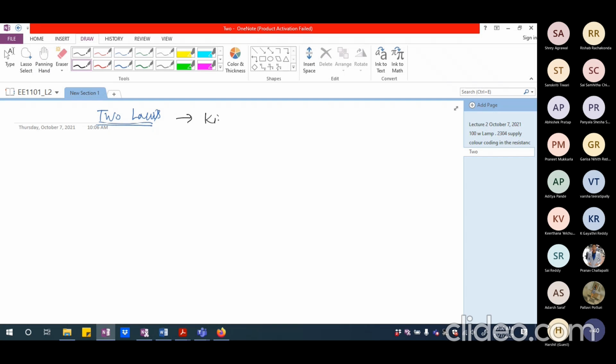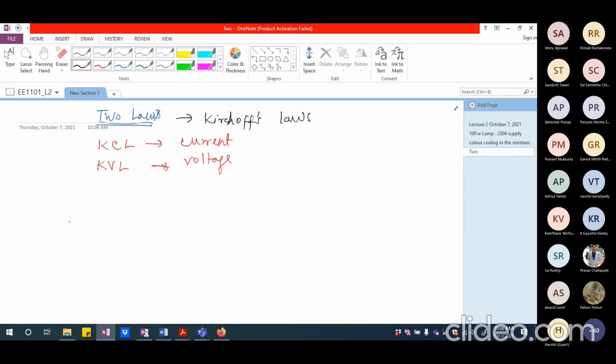These are known as Kirchhoff's laws. One is Kirchhoff's current law. The other one is Kirchhoff's voltage law. So KVL and KCL, where KCL is the current law and the other one is voltage.